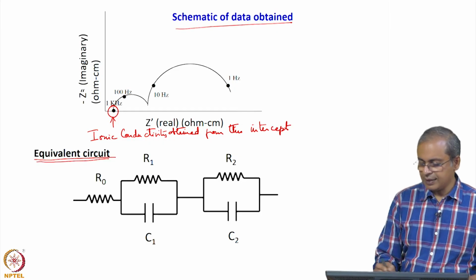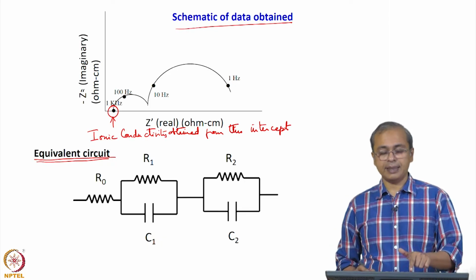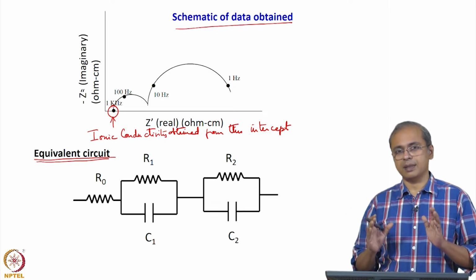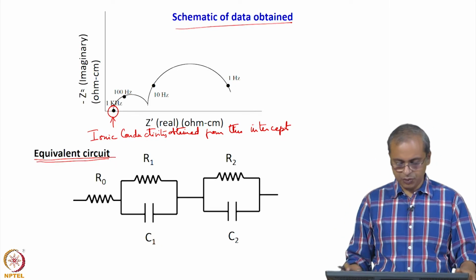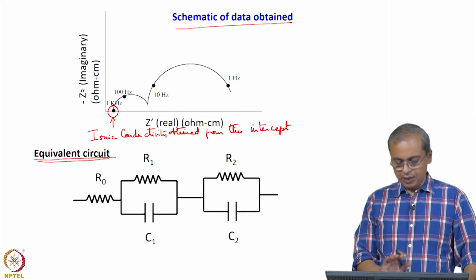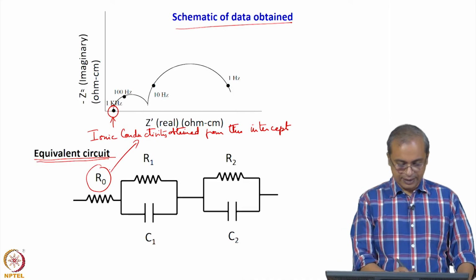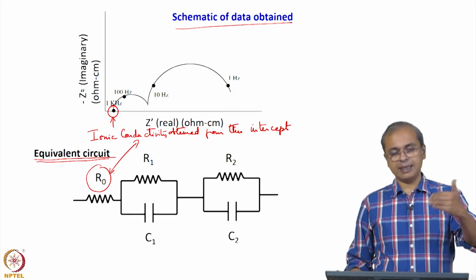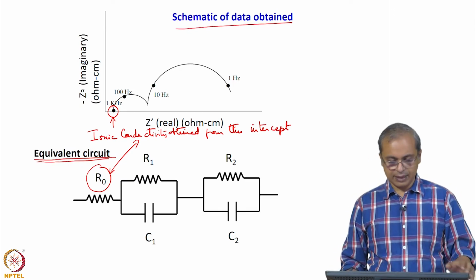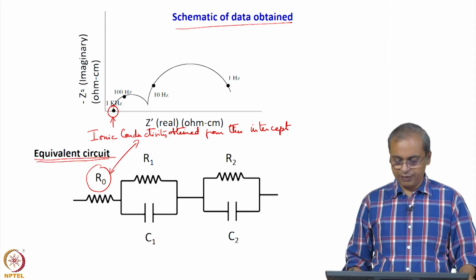There are other factors like electronic conductivity which also impact that intercept, but still from this you can get your ionic conductivity value. So, there is an equivalent circuit, and this R0 is what will help us. This is a resistance, so from this you have to get the resistivity and then the conductivity, but that is the process that we will see.